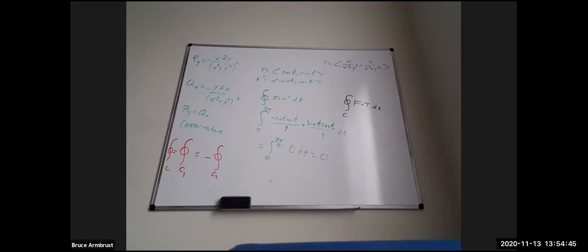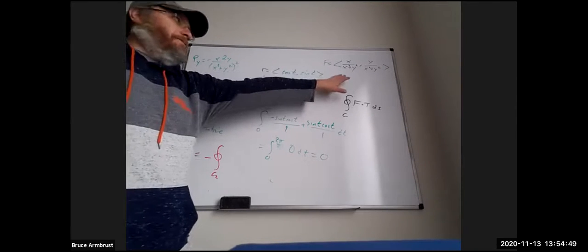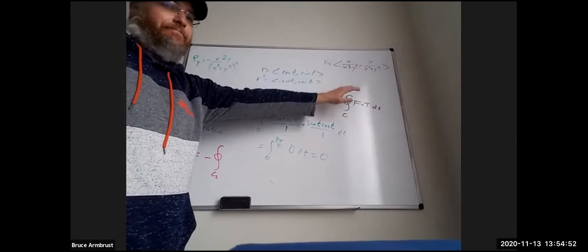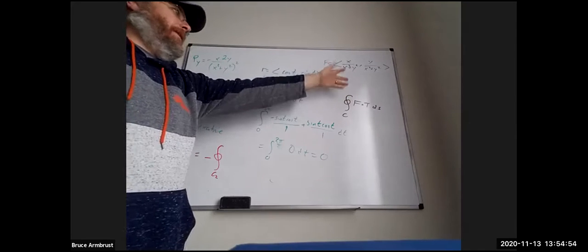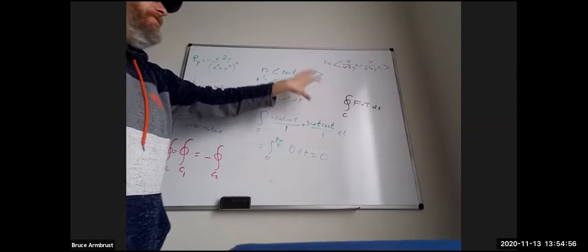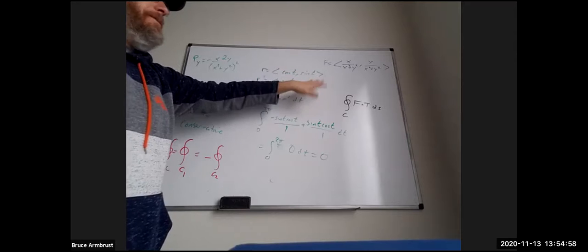No, but I think that was the perfect example to check whether it's conservative or not before you do anything. Yep, totally. Because it looks big and ugly and nasty, right? Even with the parameterization, the circle is a nice parameterization.